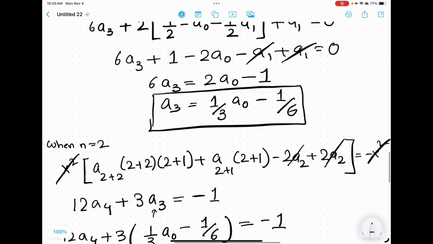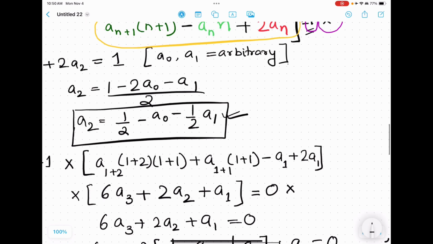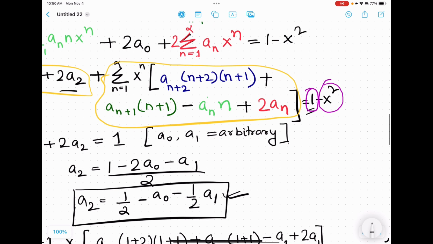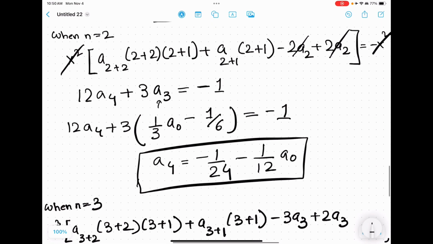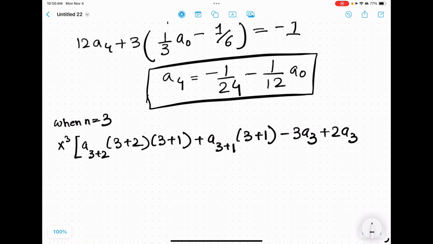All I did was plug n equal to 3 in over here. And then on my right hand side, I can see that there's no coefficient for x cubed, and there's no coefficient for x to a power greater than 2. So this is also going to be 0. So I have 0 x cubed.